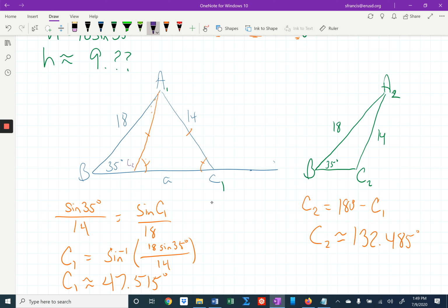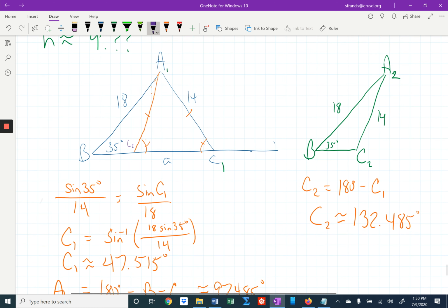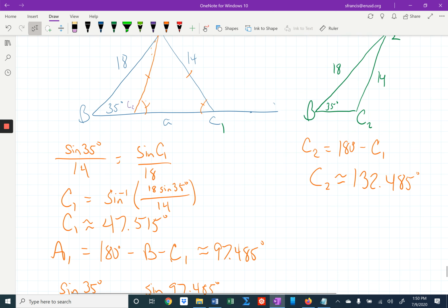And so C sub 1, which is this angle, and this angle, is supplementary to C sub 2, meaning they add together to make 180. So I can just subtract C sub 1, this angle, from 180 to get C sub 2, which I did over here. I'm just recapping.